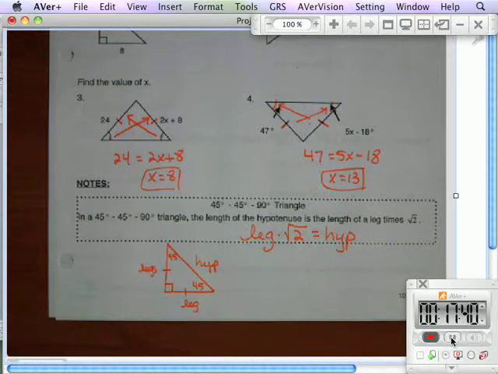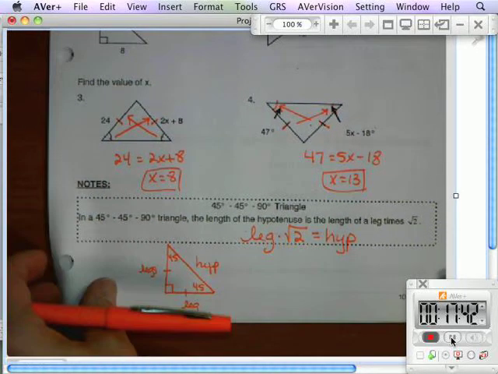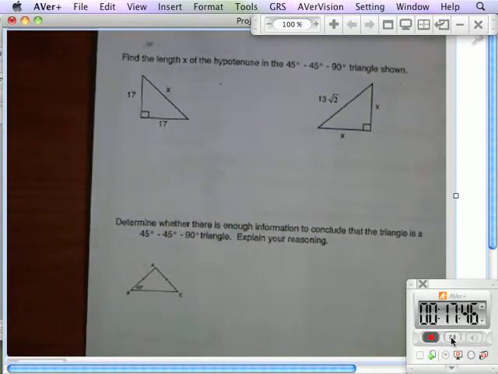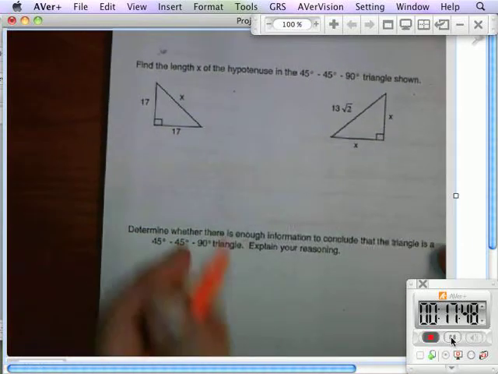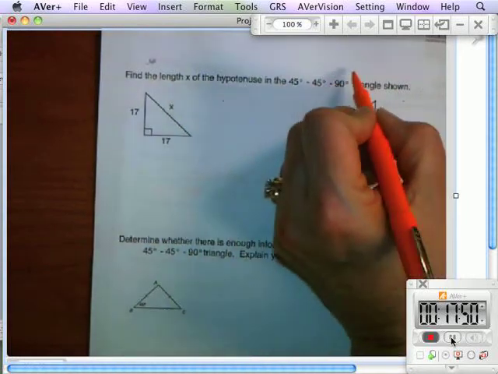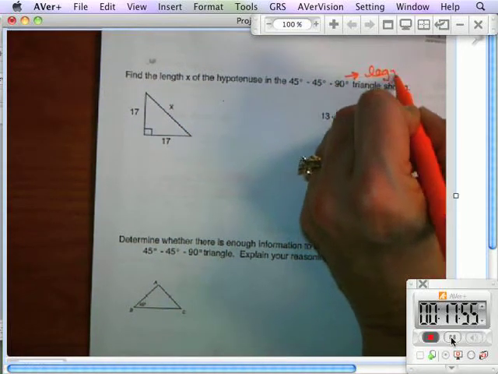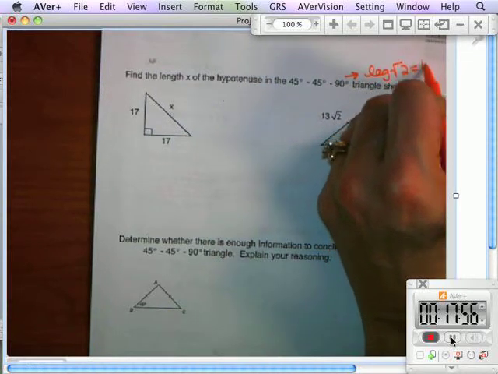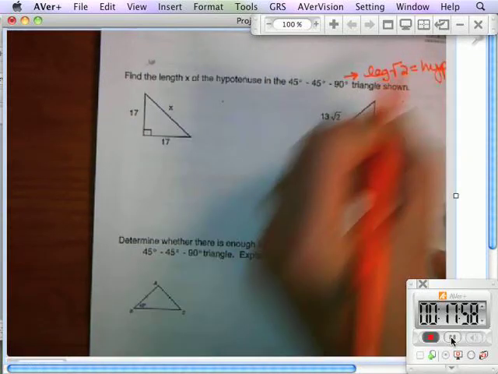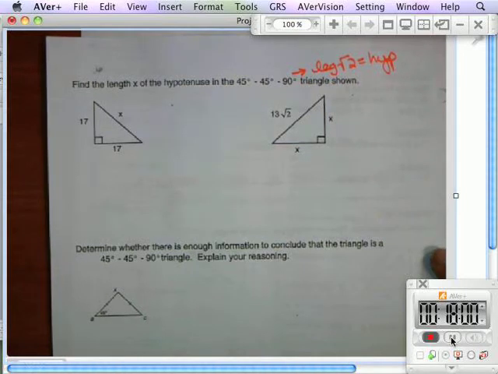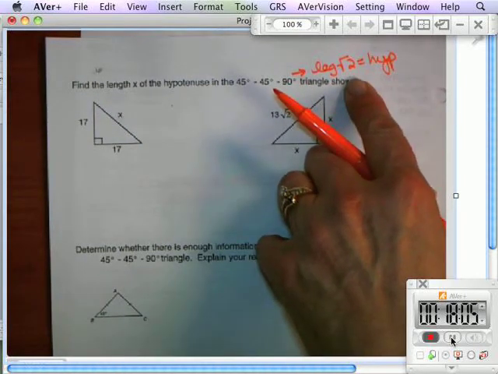Okay? All right, let's work with this a little bit. Turn it over. Remember, if it's 45, 45, 90, that means I can use this formula. They tell you it's 45, 45, 90, you're going to work with that more than likely.